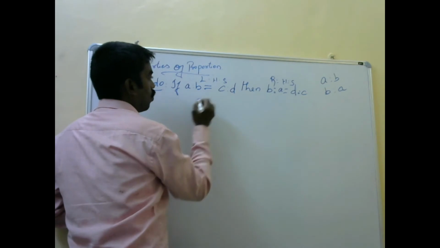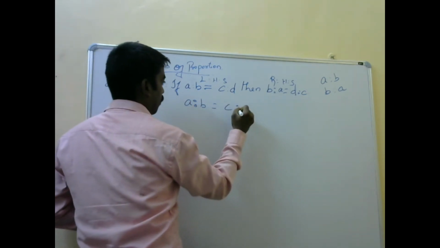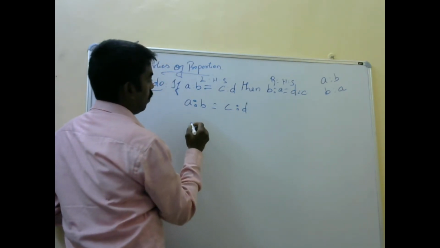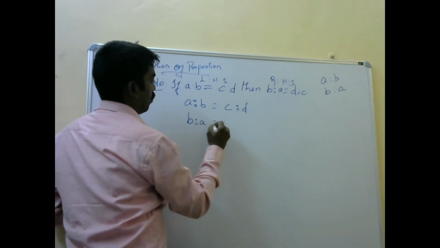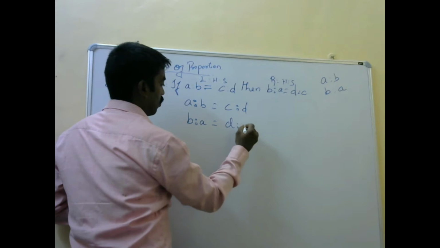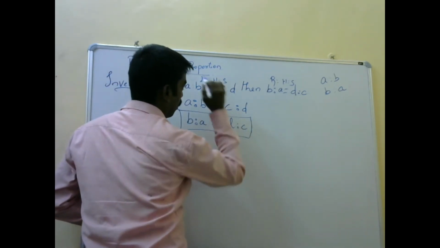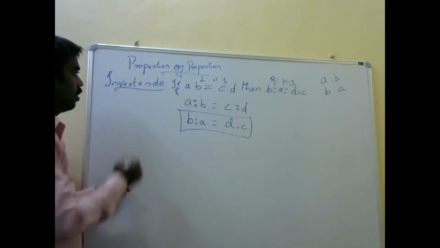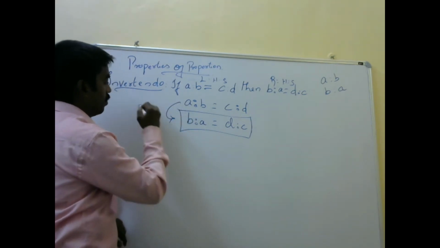Then invertendo is B is to A is equal to D is to C. Are you clear on this? It's an inverse ratio. It is inversing.